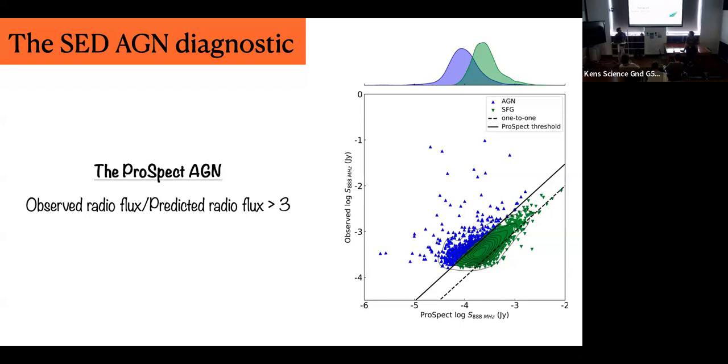Sure. So you included composite galaxies in your AGN. I guess how much of the composites contributed to your AGN sample? Like what's the fraction of composite galaxies in your AGN?